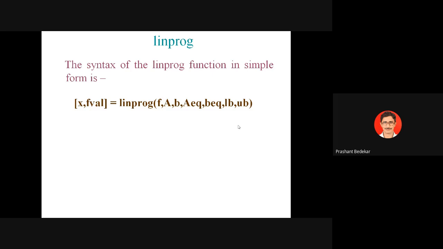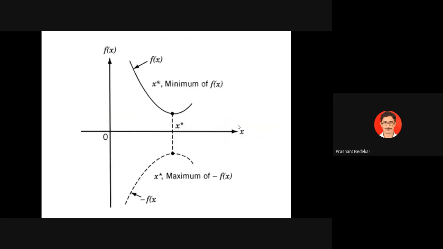What are these two? See, if you see this, you will realize that we are interested basically in two things. We are interested in the optimum point, that is the value of the design vector, the value of design variables, which is giving the optimum solution. That is one thing. And second is, what is the value of the objective function at that particular point. So we are interested in the optimum point and the optimum value of the objective function.